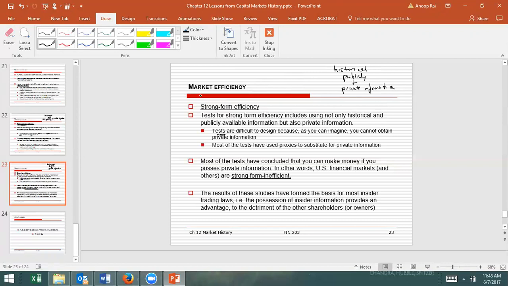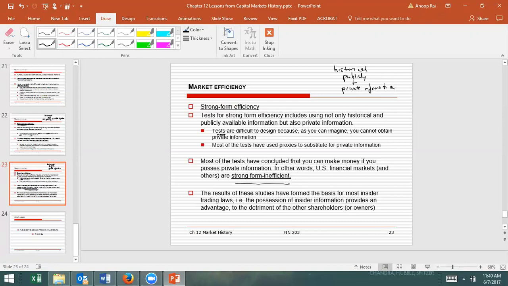But there have been proxies used to ask, if you had that information, would you have profited from it? And there, the answer is very clear. If you do have private information, you can make money. In other words, when it comes to private data, we say the US markets are strong form inefficient. So it's not strong form efficient.